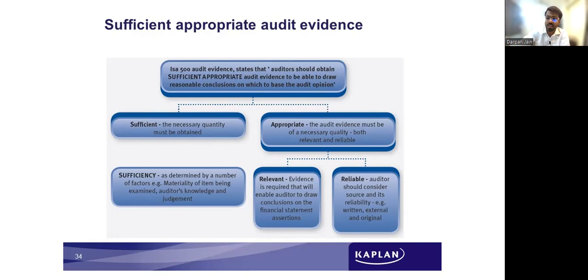But in order to check whether the sales amount is correct or not, will it be correct evidence if you collect, let's say, debtor confirmations? For sales, it is not going to be relevant evidence. It's not going to help you in drawing a conclusion about the financial statements.